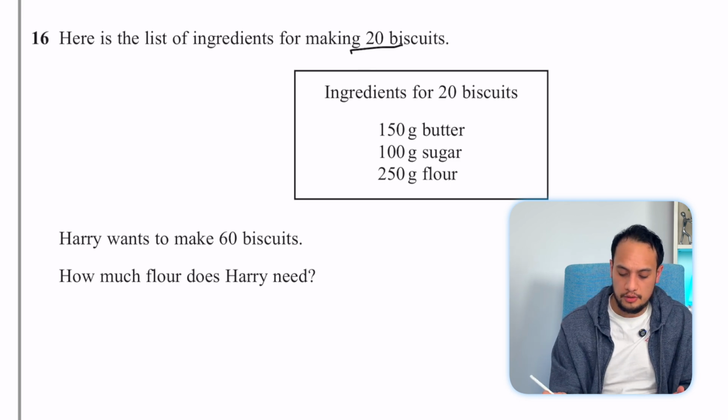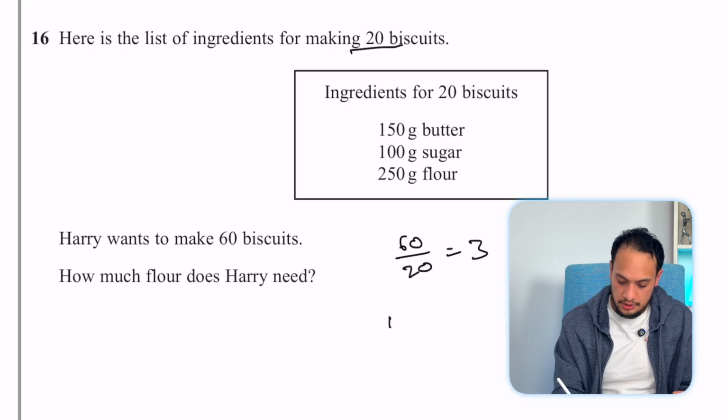So if you know 20 biscuits, you can find the multiplier that gets you to 60 biscuits and then multiply each quantity by that same multiplier. So 60 divided by 20 is 3, because it's 3 times as much.